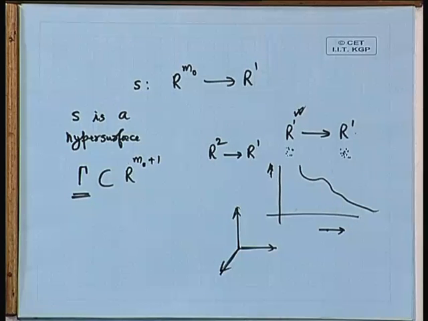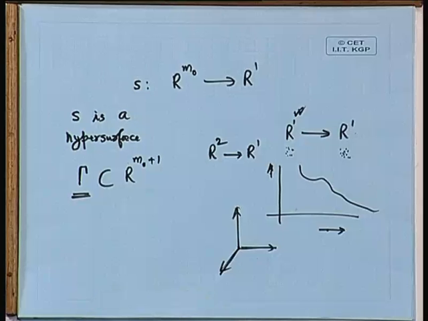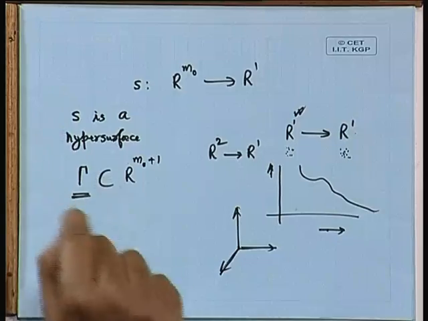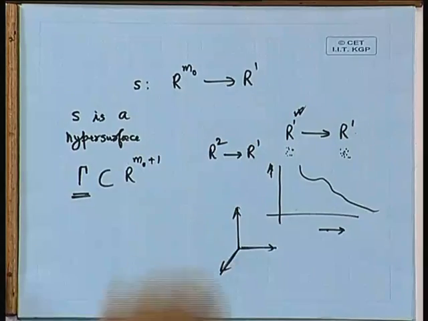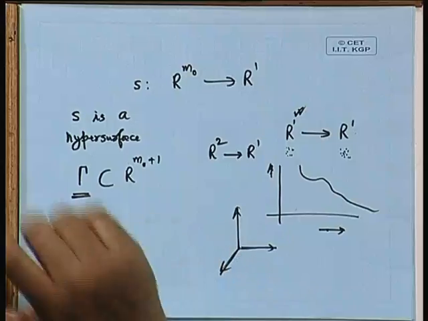The mapping function is initially completely unknown to us, and we are going to feed the training pattern where we are telling it that this is the M0 dimensional point corresponding to which the output that you are getting is this. We are specifying that.